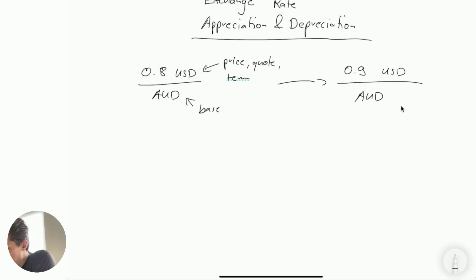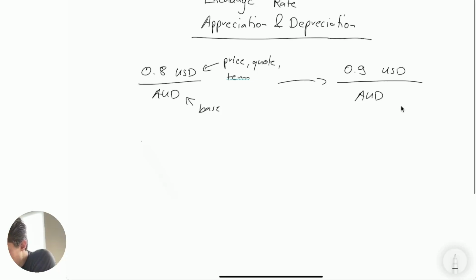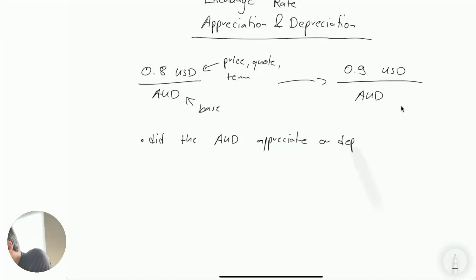And someone asks you, did the Australian dollar appreciate or depreciate against the US dollar?